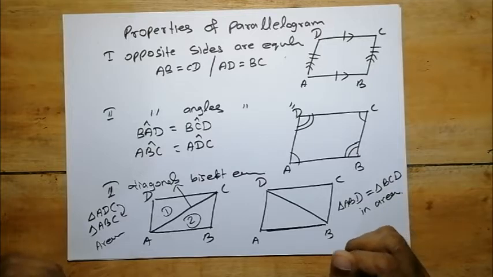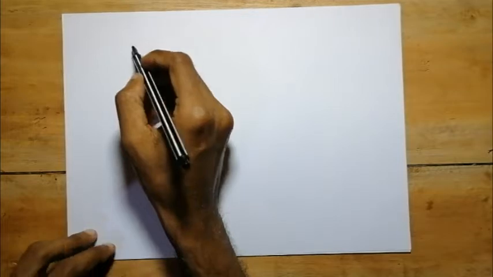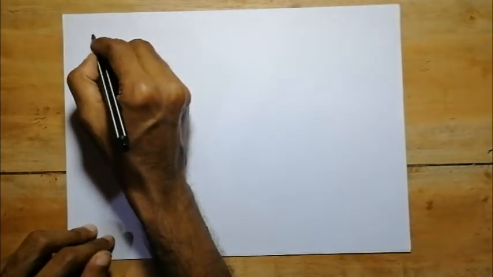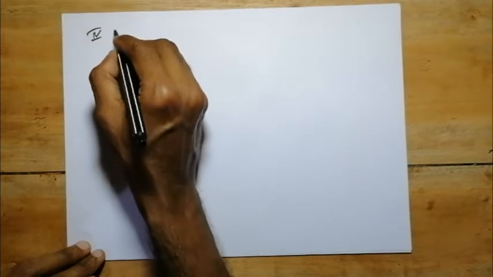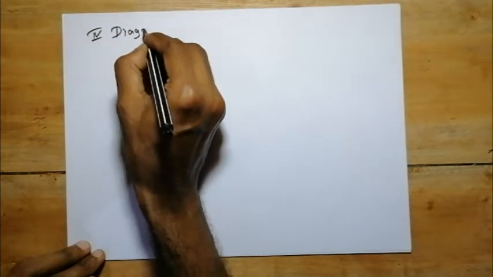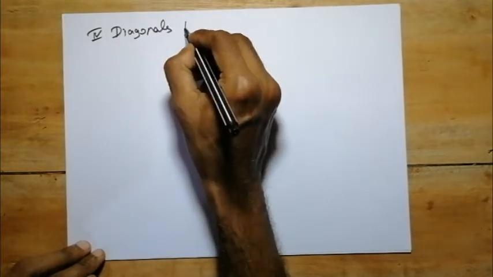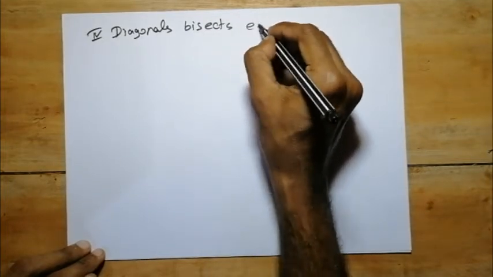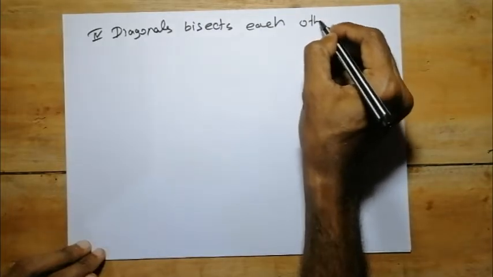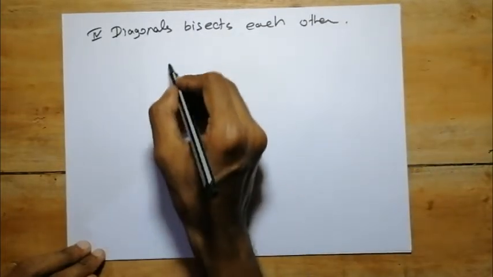Okay, the last one, the fourth one, is diagonals bisect each other. So you know what bisect means.